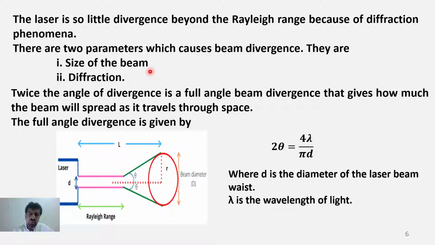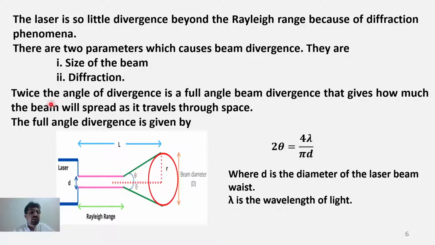That is, the bending of light towards the edge of an obstacle is known as diffraction. So beyond the Rayleigh range there may be some diffraction, and due to that there is the divergence. The first one is the size of the beam. Now see here, twice the angle of divergence is the full angle beam divergence. That gives how much the beam will spread as it travels through space. Now see here, theta is the angle of divergence.